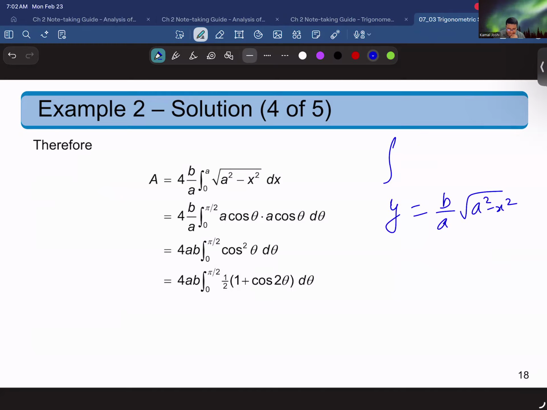And how are we integrating? What we are integrating here is the area of this small rectangle. When the angle is theta, the area of that rectangle would be x coordinate times y coordinate. The area is xy, right?